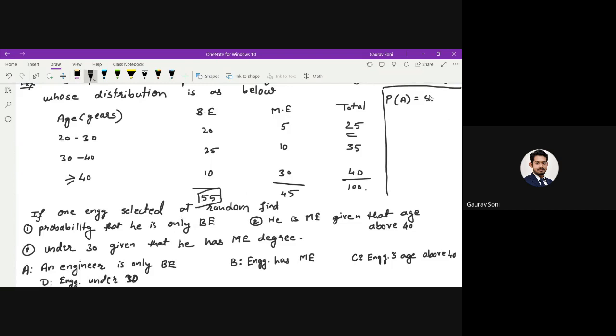So 55 divided by the total number of engineers.